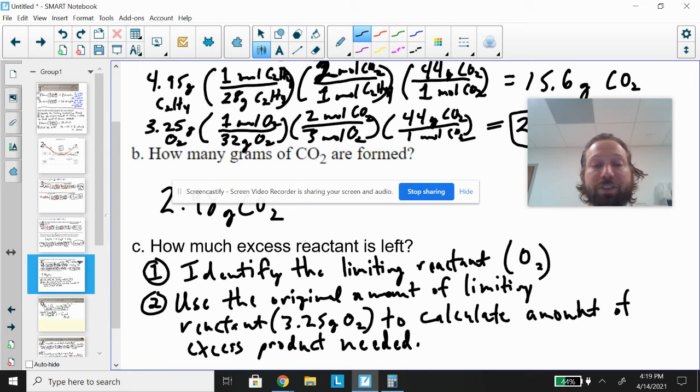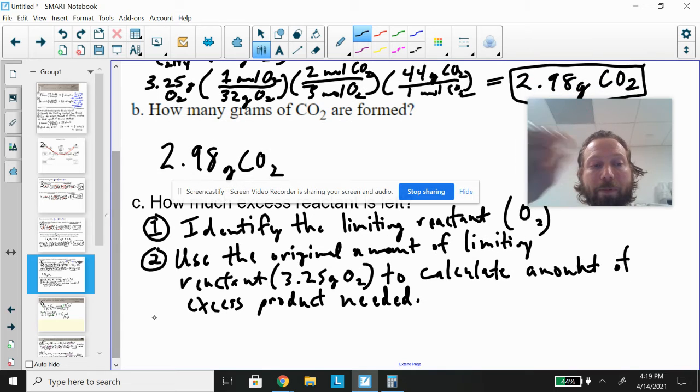So what this step means is you're going to use the exact same number, 3.25 oxygen, but instead of solving for a product of CO2, we're going to solve for how much C2H4 I will need for the oxygen to be completely used up.